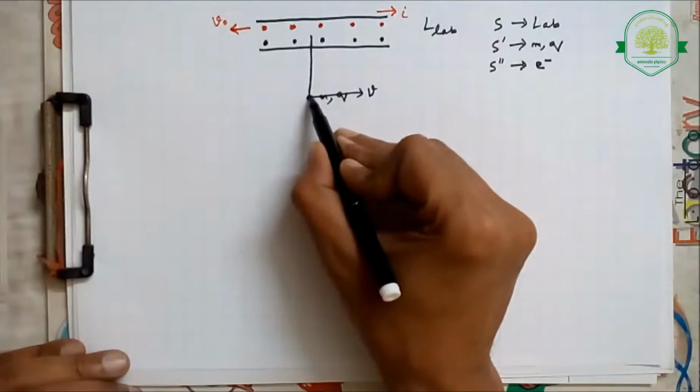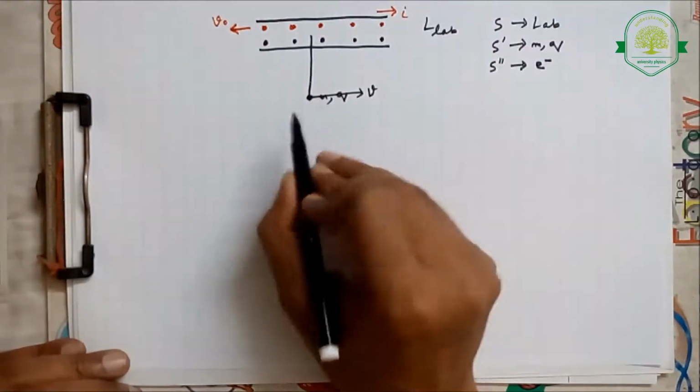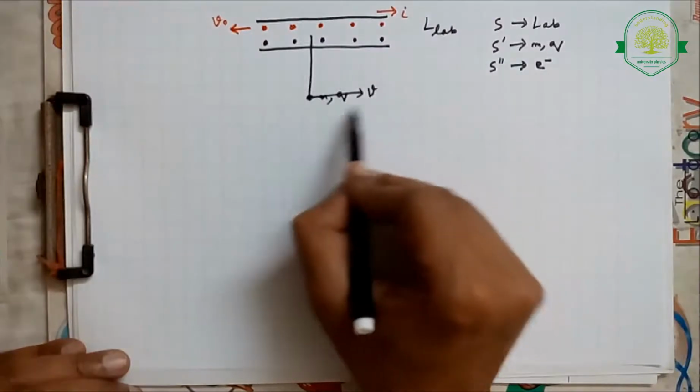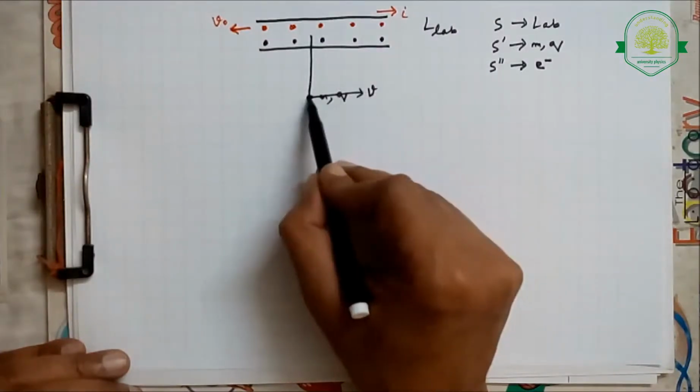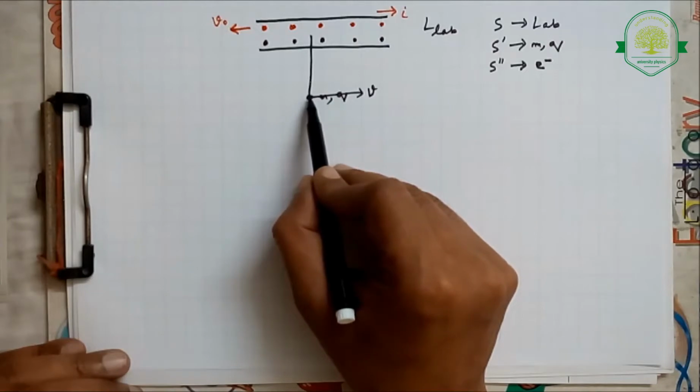Now if we want to see what the picture looks like as viewed from the S primed frame, this charge says that it itself is at rest, and therefore it will not say that there is a Lorentz force acting on itself.